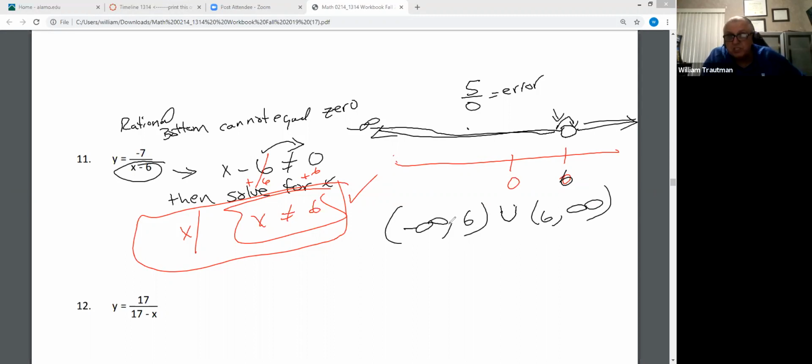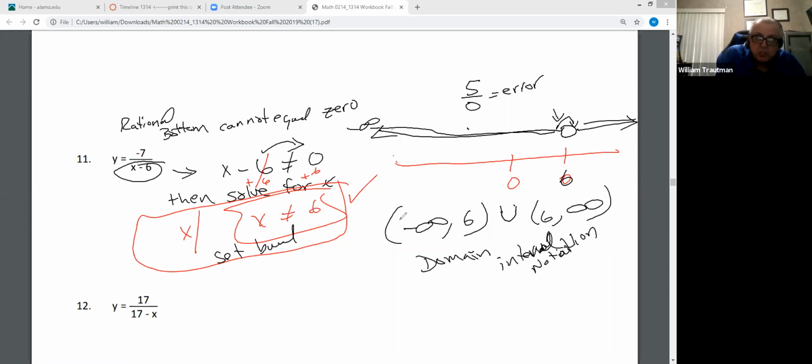This is how we write the domain for rational functions like this. So this is called interval notation. And this is called set builder, depending on how they want you to write it.